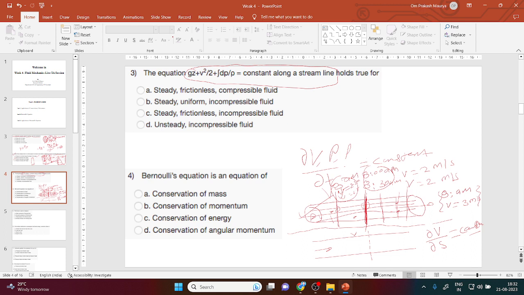In case of uniform flow, your velocity will be the same at each section. In case of steady flow, it is not necessary that at the same time your velocity is the same everywhere. That is not the definition of steady flow. The steady flow definition is that at a particular section, with different time, your velocity should be the same, or other flow parameters like pressure and everything.